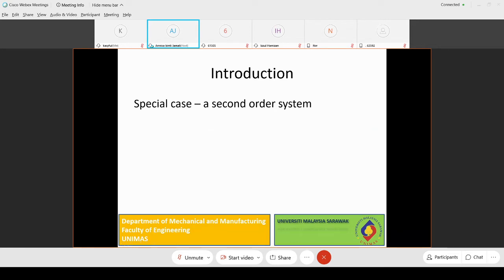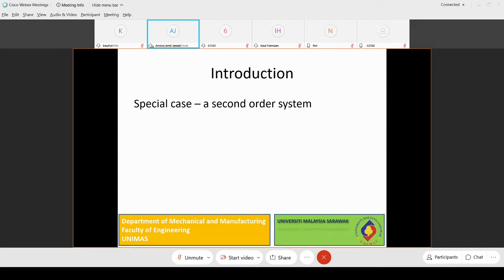For the special case, a second order system. The second order system is the most common system that we use in vibration. So what does it mean by second order system? Second order system is powered by two. It represents a balance between the applied force and the forces arising from the inertia, or acceleration, the damping from the velocity, and the stiffness from the displacement.